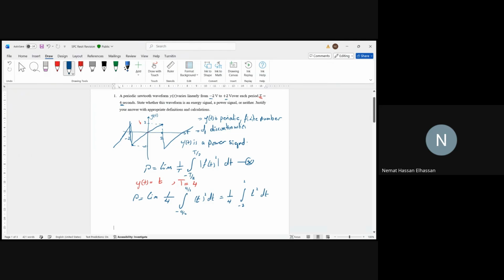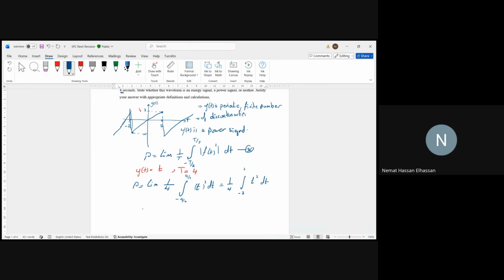Now the integral of t squared is t cubed over 3, so it equals 1 over 4 times t cubed over 3 with integration limits from -2 to 2, which is equal to 1 over 4 times 3, and then we substitute the upper limit, 2 cubed minus -2 cubed, which is 8 plus 8 over 12. So this is equal to 16 over 12, which is equal to 4 over 3, and the unit of power is watts.